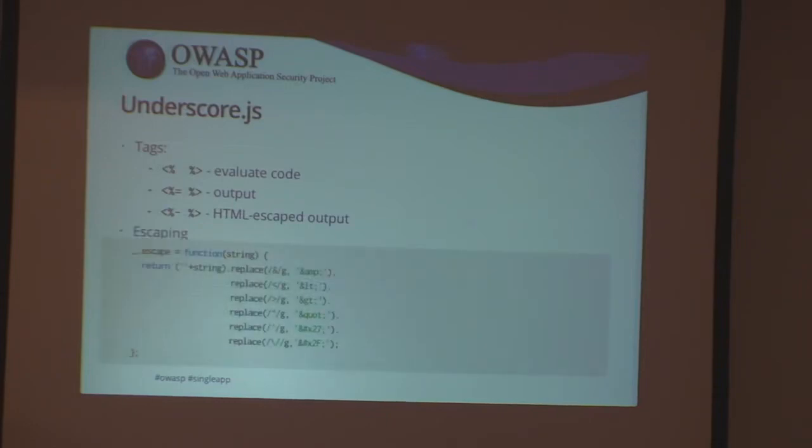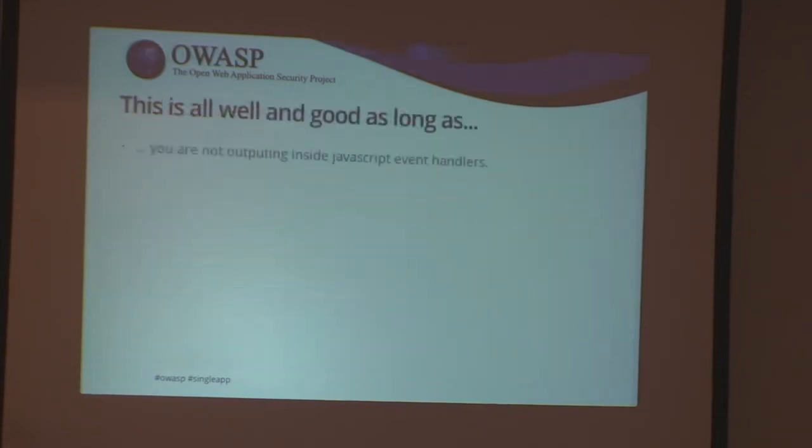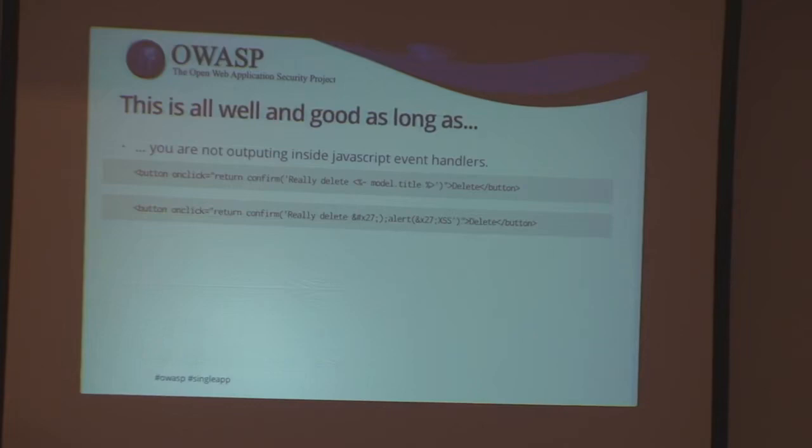And the escaping here, what it's doing is replacing the ampersand and the less than, greater than, quote, single quote, and the slash. So it's doing quite a decent job for HTML escaping, but this is all well and good as long as we're not outputting data inside JavaScript event handlers, because then the escaping will be ignored, or actually it will just be a part of the attribute.